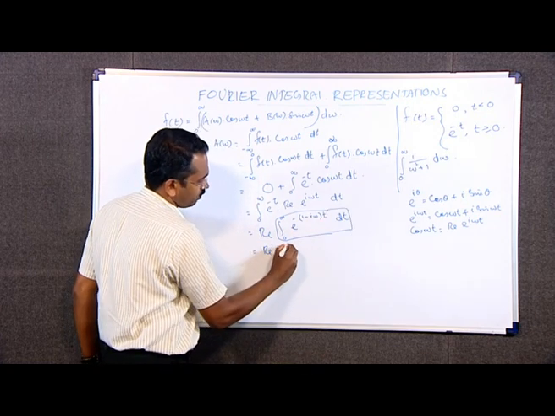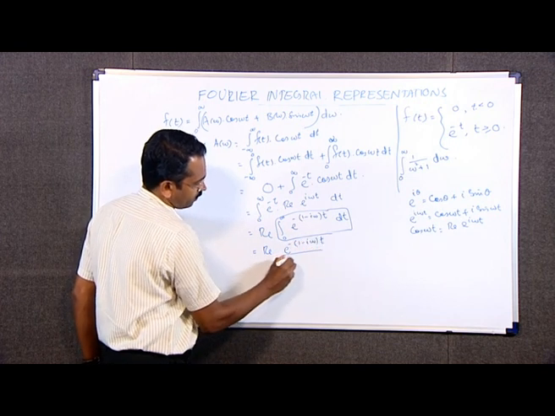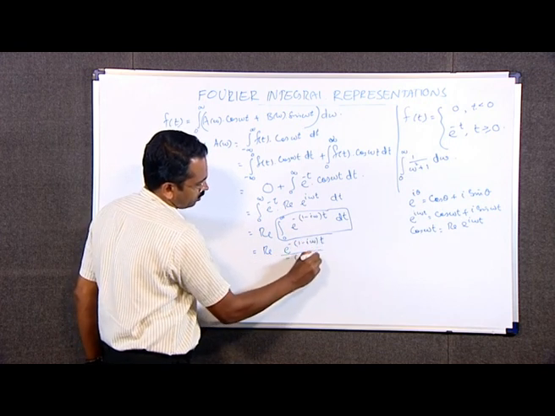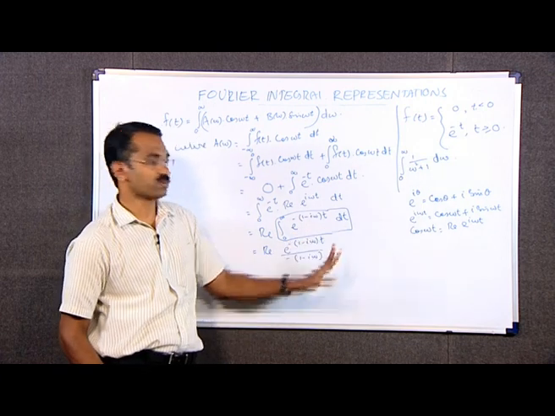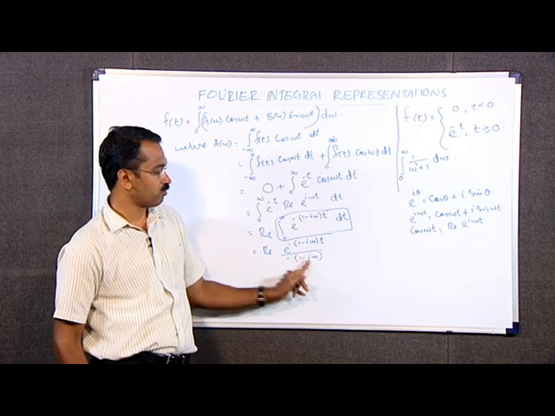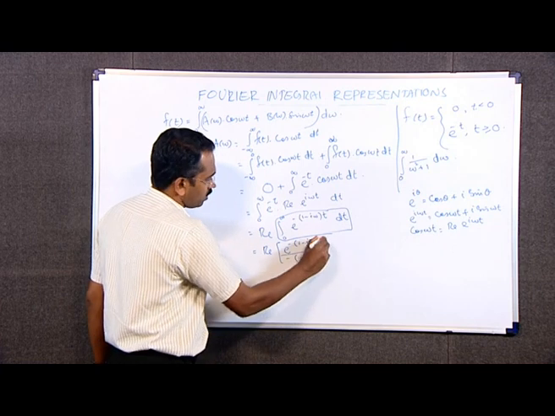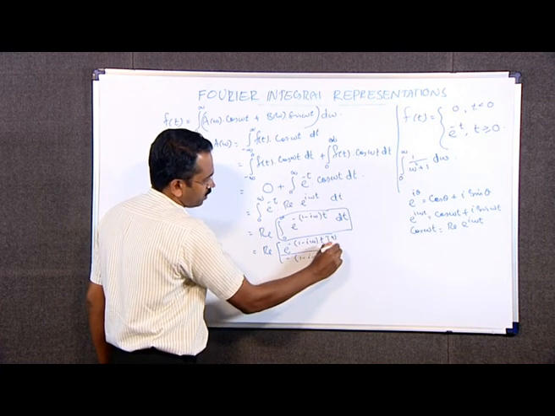integrate this, we get e raised to minus of 1 minus i omega t divided by minus of 1 minus i omega, because the integration is with respect to t. Therefore, the coefficient of t is negative of 1 minus i omega, between the limits 0 and infinity.